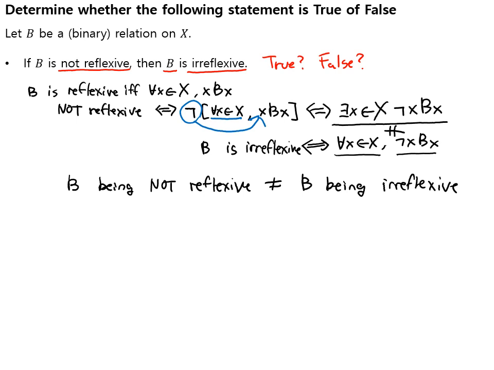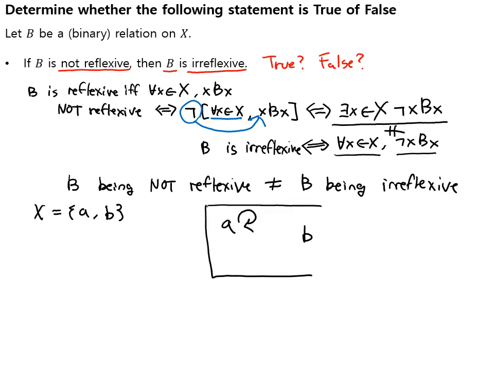So a specific example would be, consider an example in which X consists of two elements, A and B, and consider a case where the relation is like this, okay? So we can see that in this picture here, B is a relation on X.